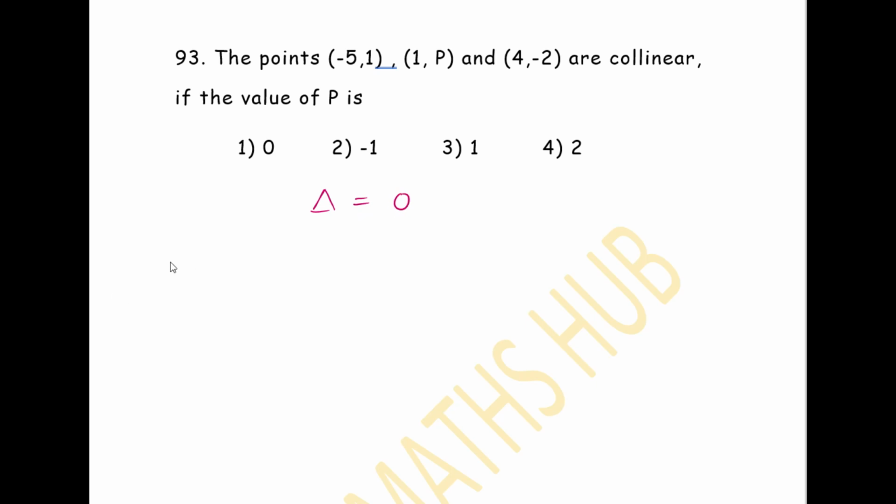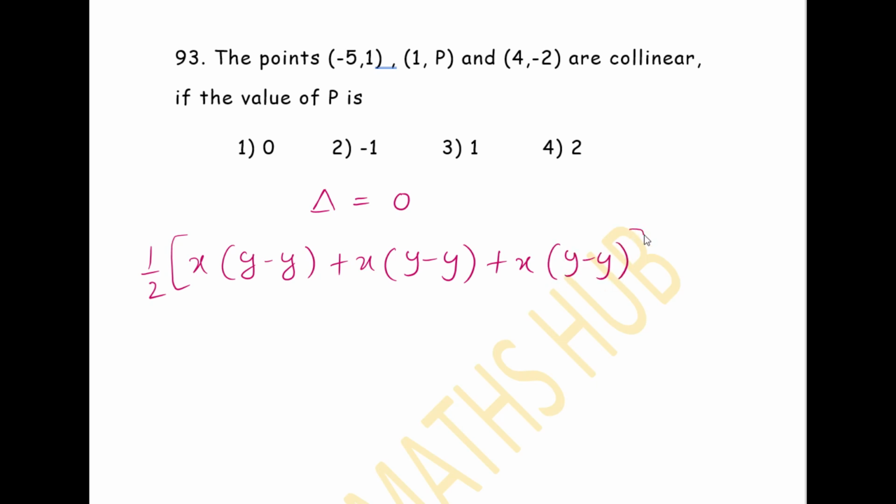What is the area of triangle in terms of the points, given 3 points? That is half into x1(y2 minus y3) plus x2(y3 minus y1) plus x3(y1 minus y2) equals 0, because the points are collinear.